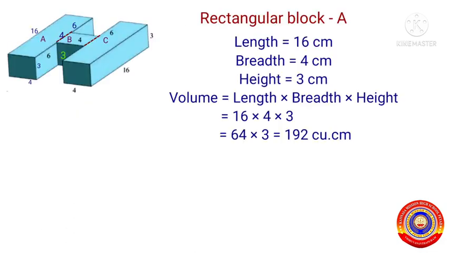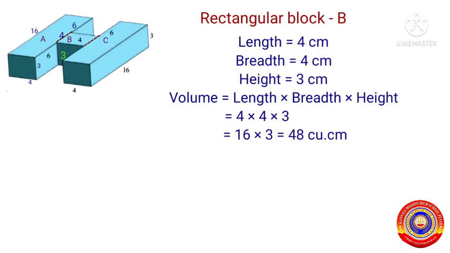In block A, the length is 16 centimeters, breadth is 4 centimeters and height is 3 centimeters. Therefore, the volume is length into breadth into height, that is 16 into 4 into 3, which is 64 into 3, equal to 192 cubic centimeters.